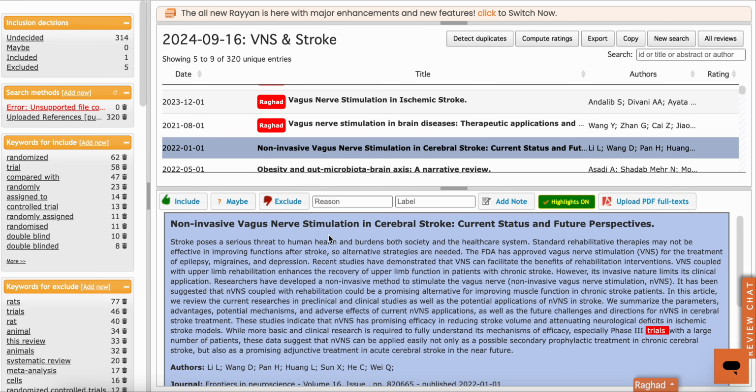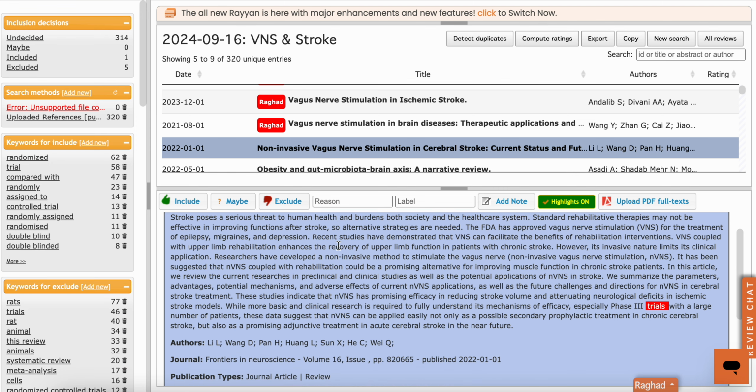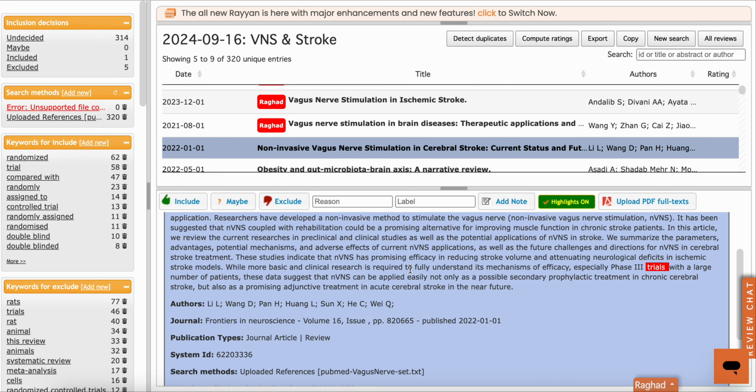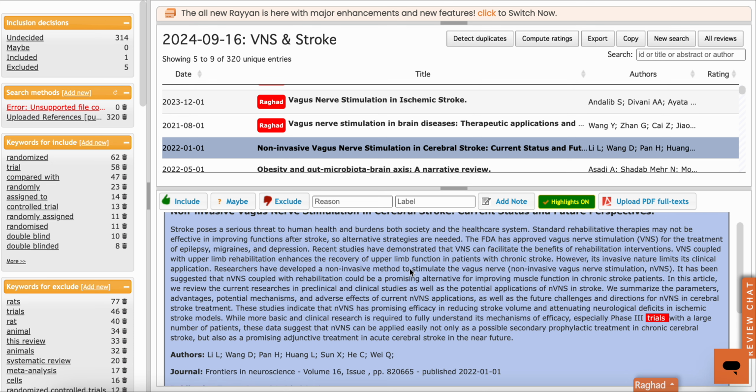Non-invasive vagus nerve stimulation in cerebral stroke, current state and future perspectives. So let's look at the abstract, and we should read carefully about the methodology or study type. Sometimes it's not clear from the abstract, so what can we do?